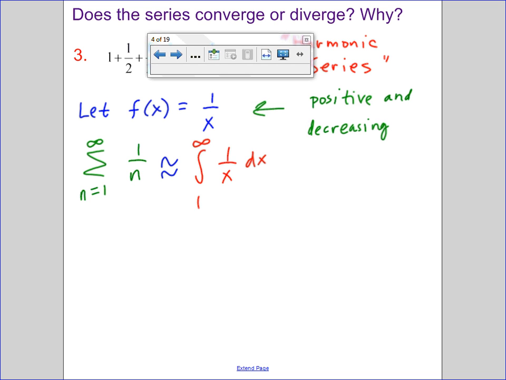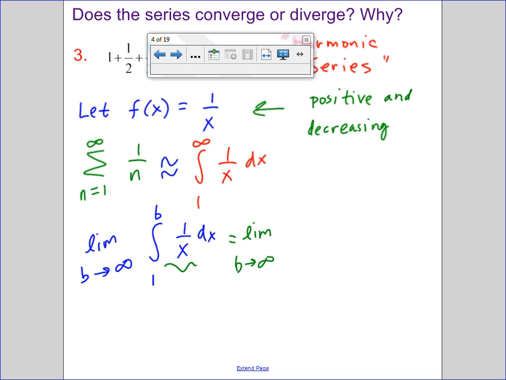So here we go. Let's do the limit as b goes to infinity of the integral from 1 to b of 1 over x dx. We know that equals the limit as b goes to infinity of, and can we find an antiderivative for my integrand?